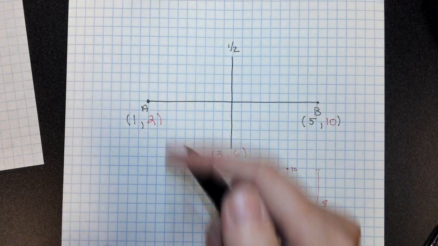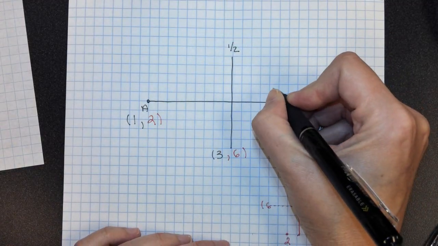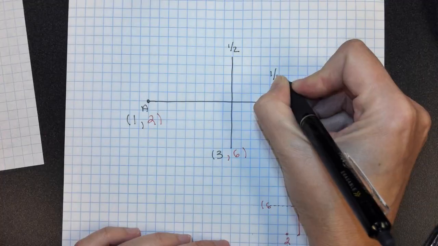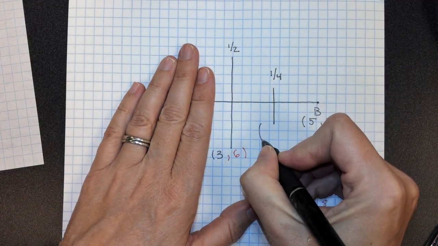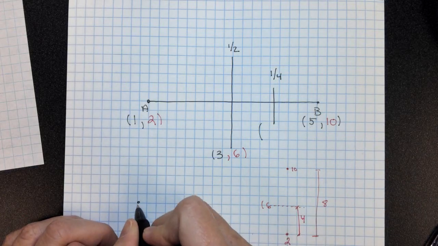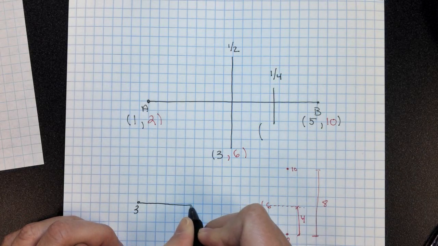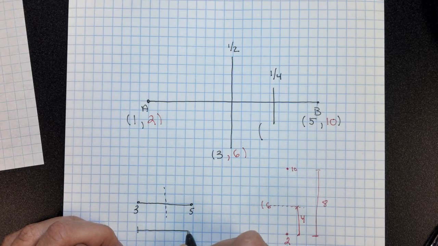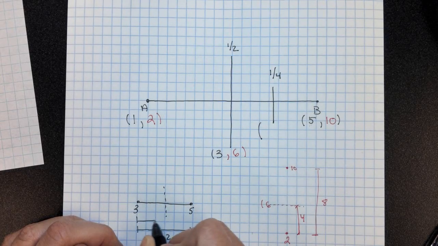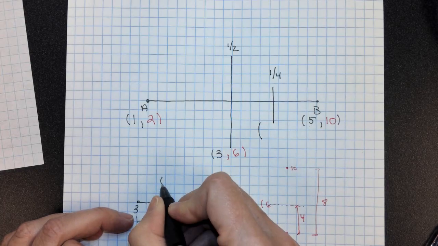Let's do it again. Here's the quarter length. So all we're really doing is cutting it in half again. So here I have 3. I'm going to 5. There's my halfway point. This is 2. Halfway is 1. 3 plus 1 is 4.